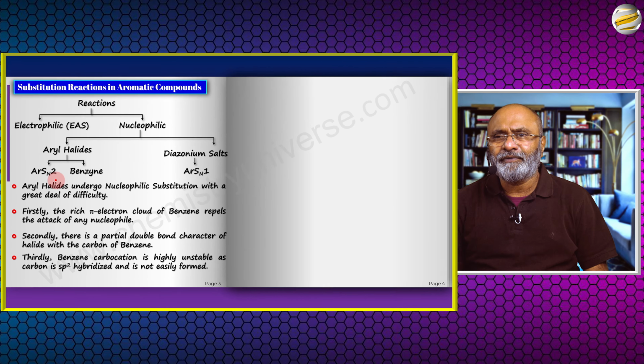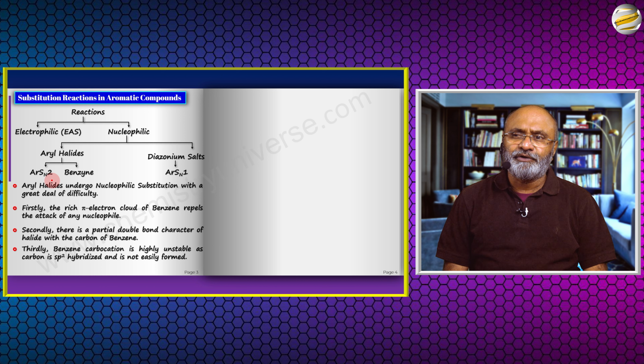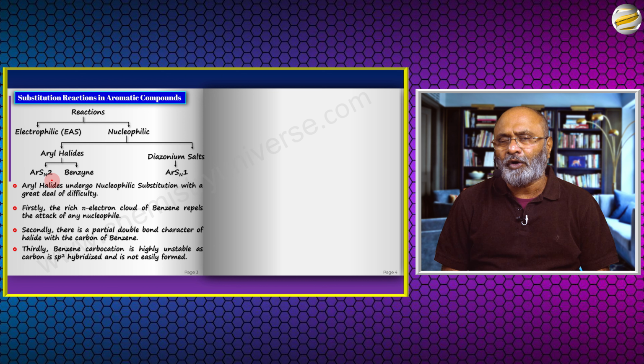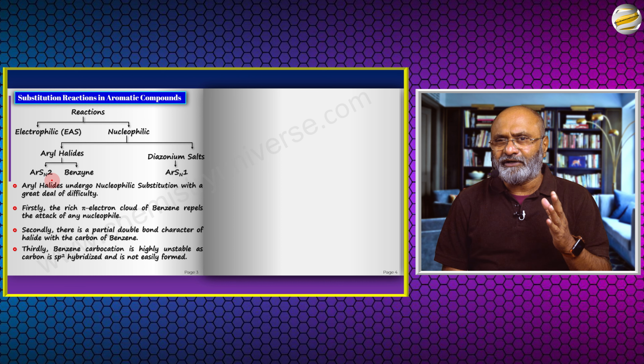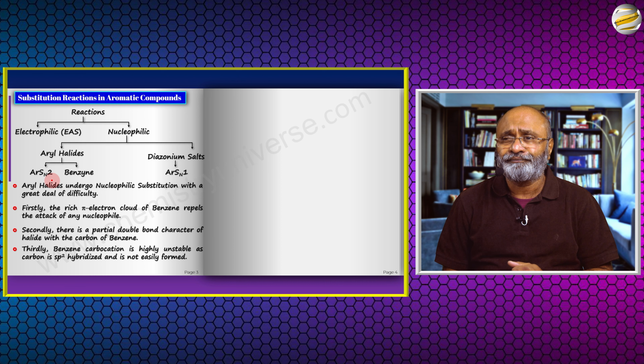Well, generally, if you want to really carry out nucleophilic substitution in aryl systems, we can do some of the following. What we can do is introduce a strong electron withdrawing group at the ortho or para position of the aryl halide, in which case it will undergo what we call the ArSN2 mechanism, which we'll discuss in detail.